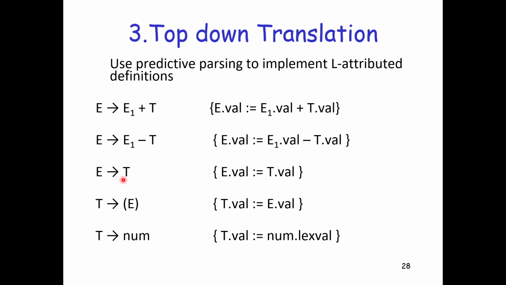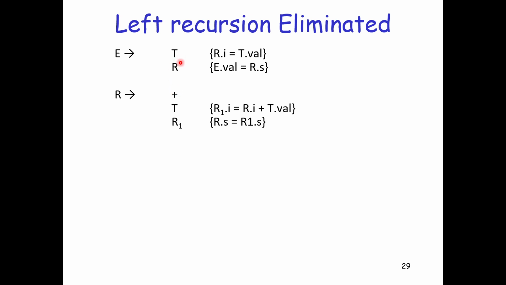So E gives beta means T. Here, instead of A dash, they specify it as R. That is why E gives TR. Then R gives alpha 1, that is plus TR, and alpha 2 is minus TR, then epsilon.